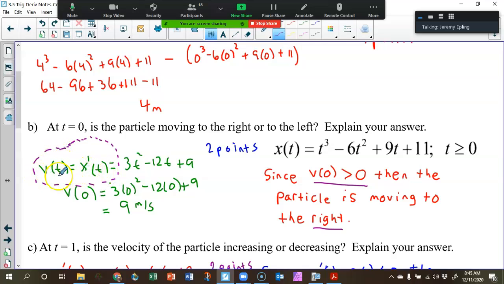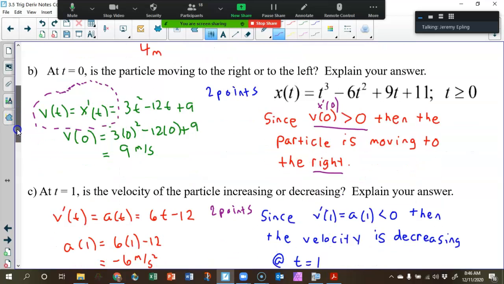If you're going to use v for velocity, you could just use x prime of 0 is greater than 0, and that would be just fine. Right? But our 2 points are that we went to the right and that we have work to show, and we stated explicitly the derivative was greater than 0. Okay, it's positive.